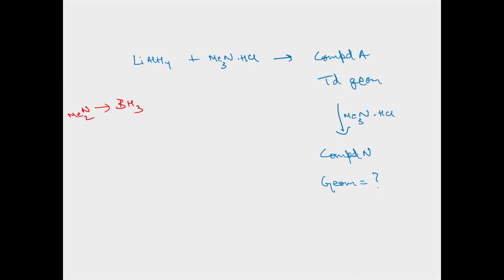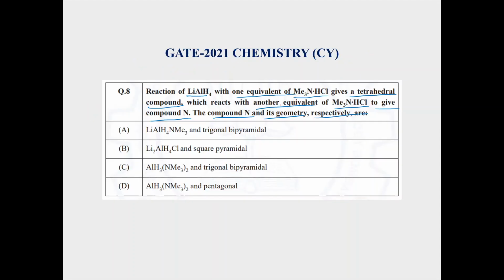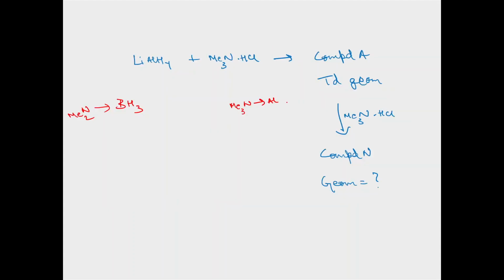So in this case also, this NMe3 will form an adduct with AlH3. So this will form in the first step.